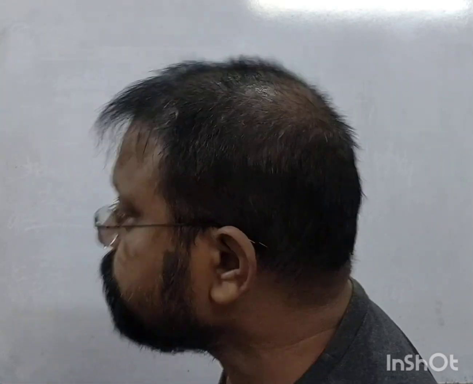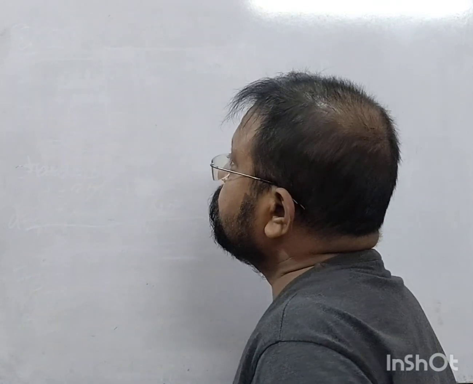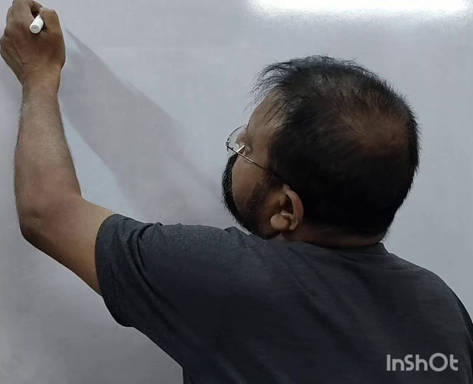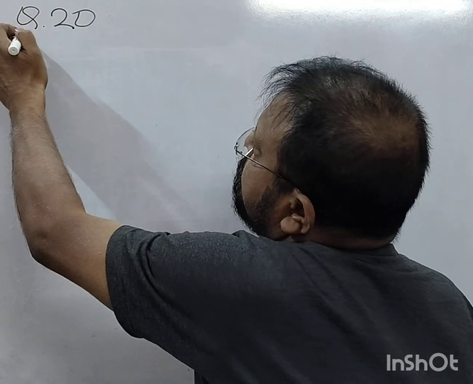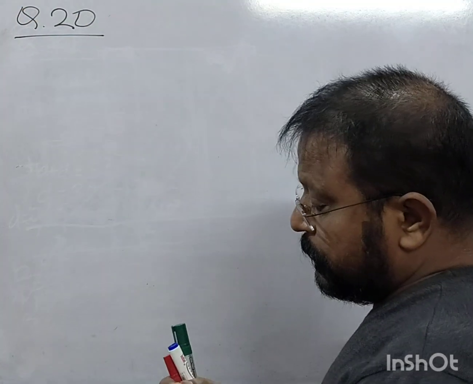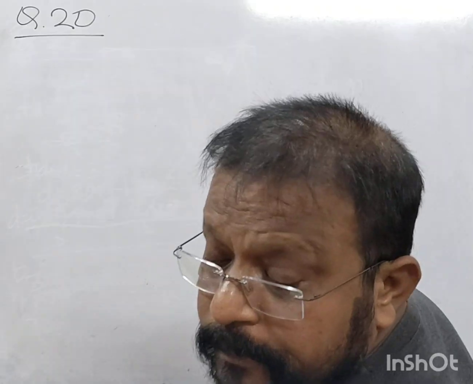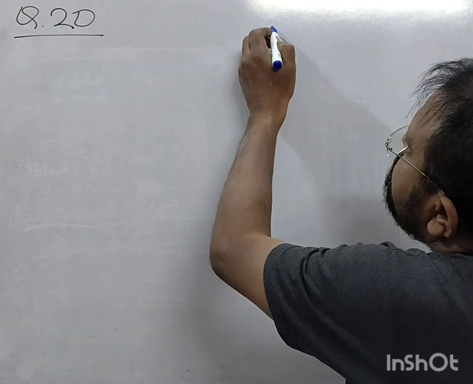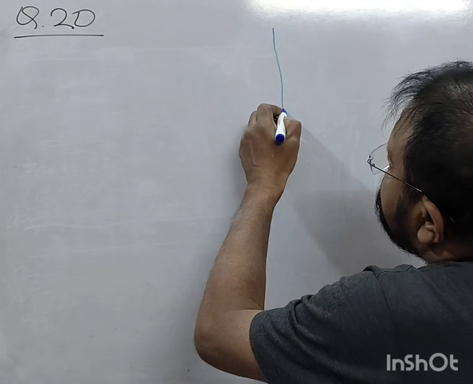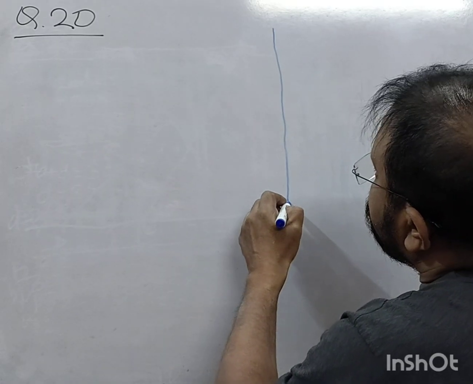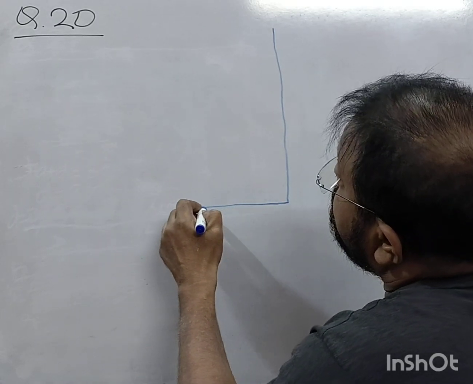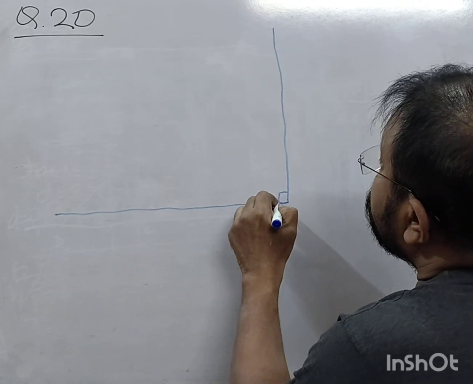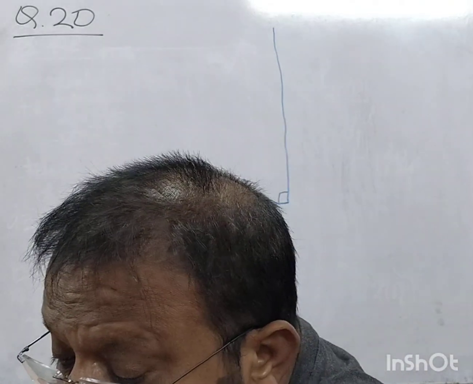Question number 20. What is that? There is a triangle like this. This is a triangle. Right angle triangle like this. This is perpendicular. This is of 90 degree. Right. What it is saying?